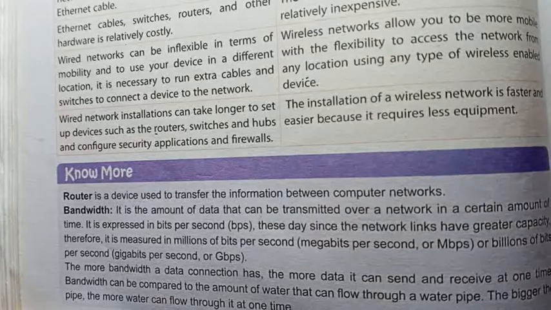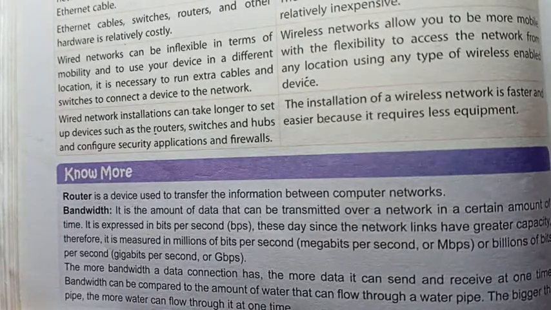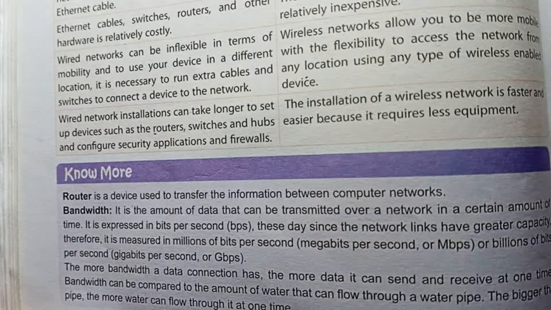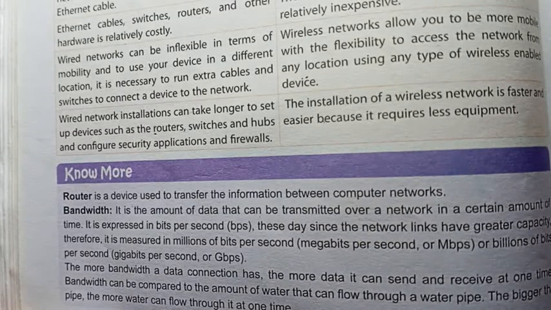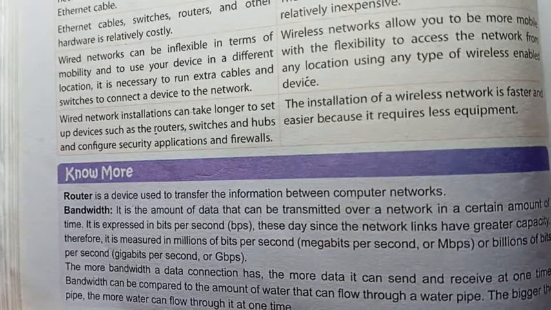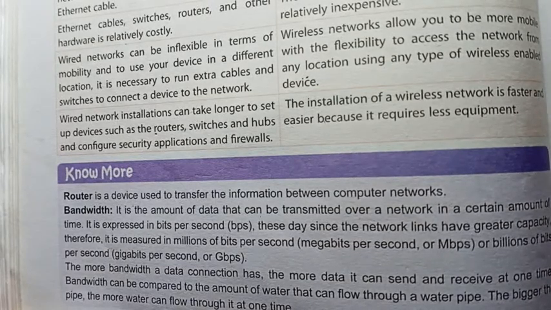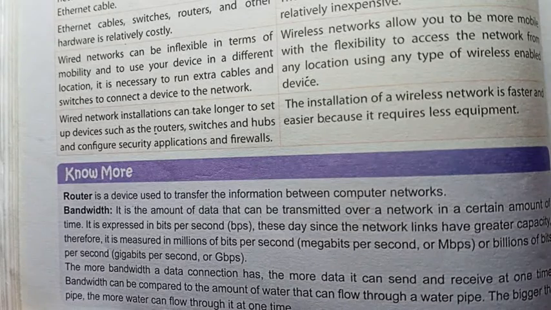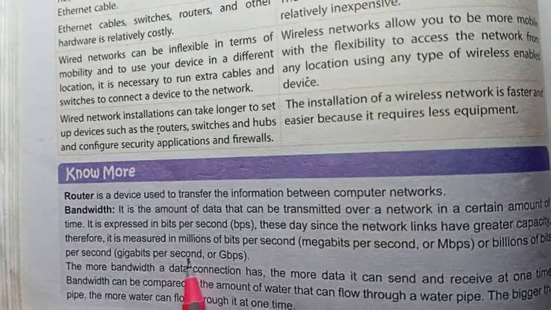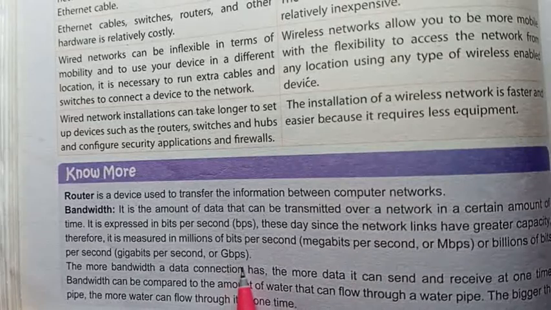So nowadays the capacity of networks has increased, they have a greater capacity, so now the unit for measurement of bandwidth is millions of bits per second, Mbps, or a greater unit, billions of bits per second, Gbps.